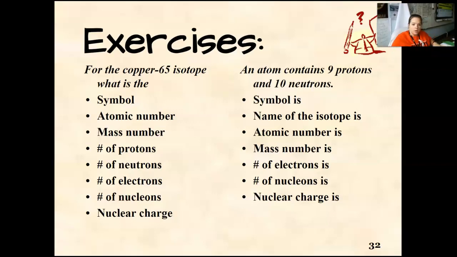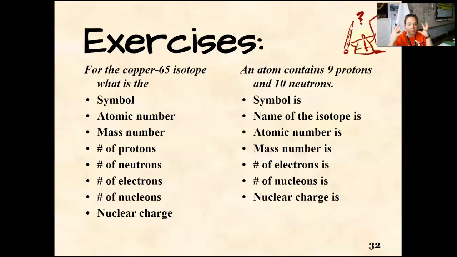So we have copper-65, and I'm going to put 65 up here and 29 down there. The symbol is Cu, the atomic number is 29, and the mass is 65.